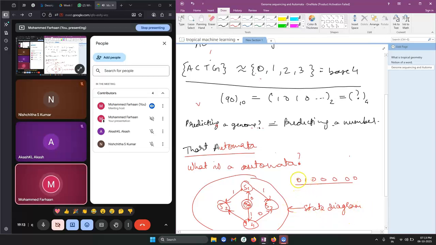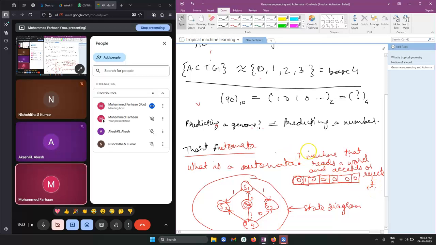And what I'm going to do is feed this, or the automata is going to read these integers one by one, and it's going to traverse around the graph. And an automata is basically a machine that reads a word and accepts it or rejects it.